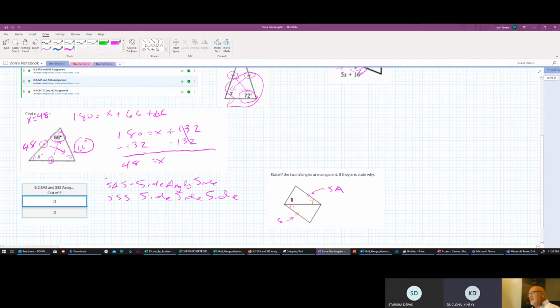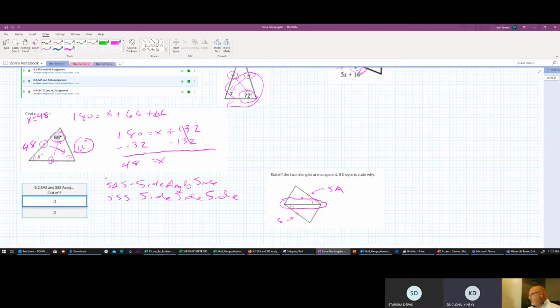Now, here is the critical piece. Since these triangles are connected, it's essentially a parallelogram or a rectangle with a divider. Do you think that this line right here, this side for both of them, is congruent? Yes. And why do you know it's congruent?